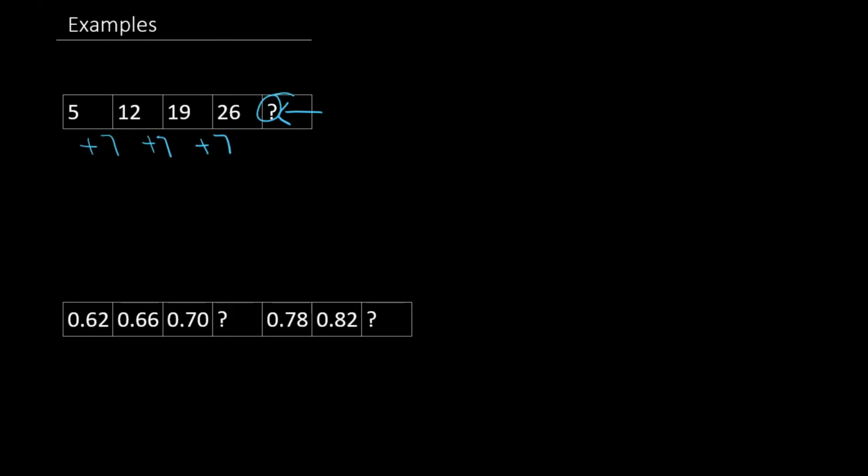To find the answer, we need to add 26 plus 7. 6 plus 7 is 13 and 2 plus 1 is 3, so 33. Our answer for this question is 33.